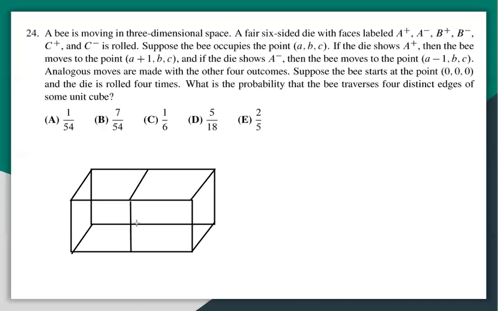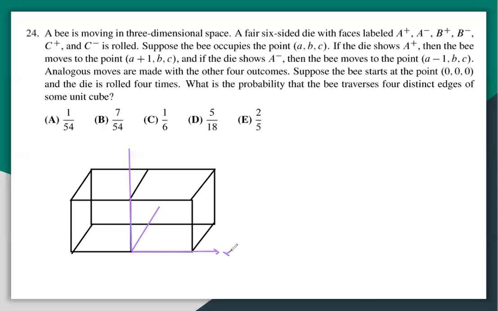To make it a bit more visual, let's assume this is our x-axis. And then maybe this is the z-axis, or actually I can take this as the y-axis. And then this direction is going to be the third dimension.